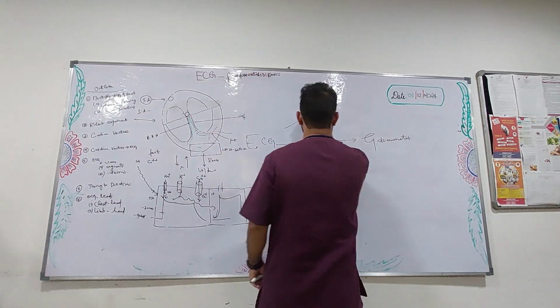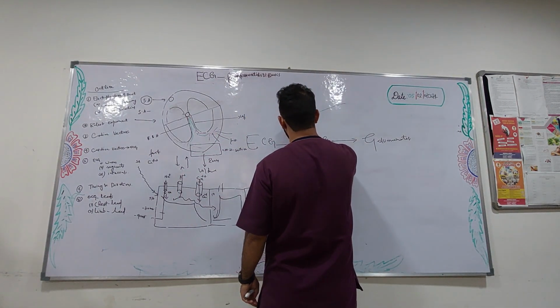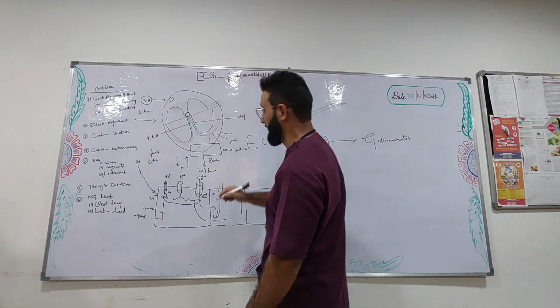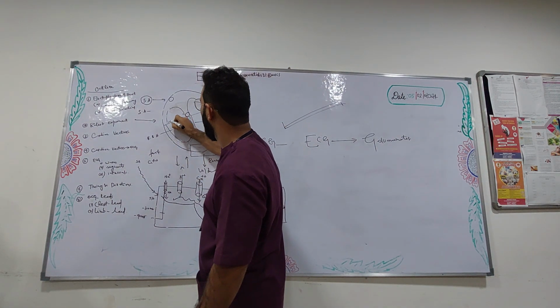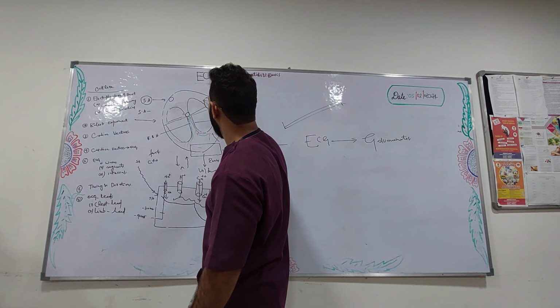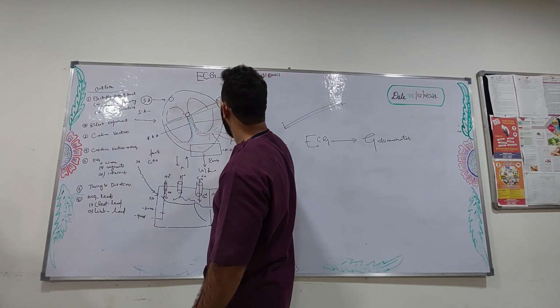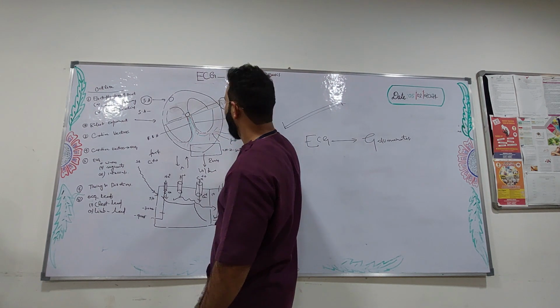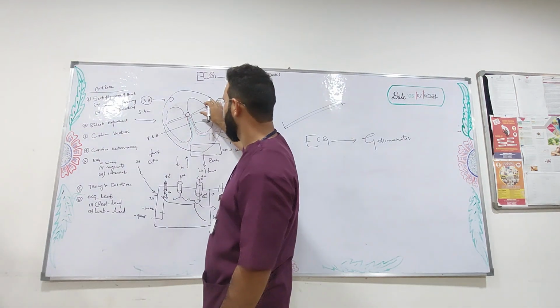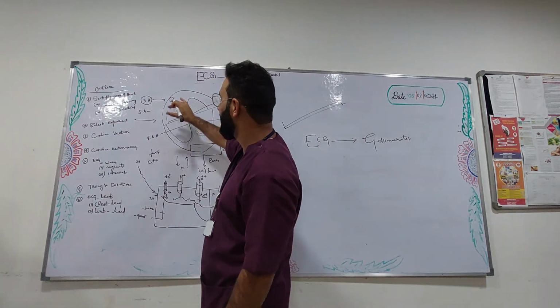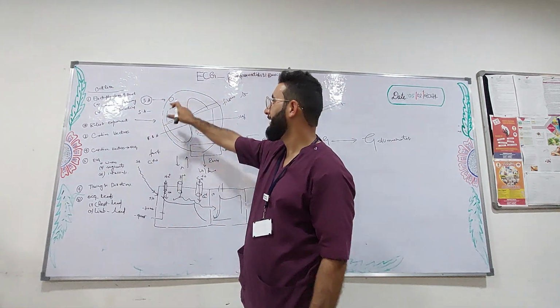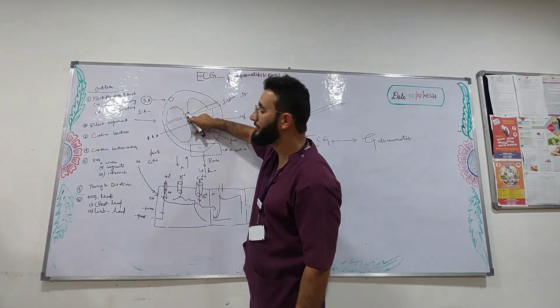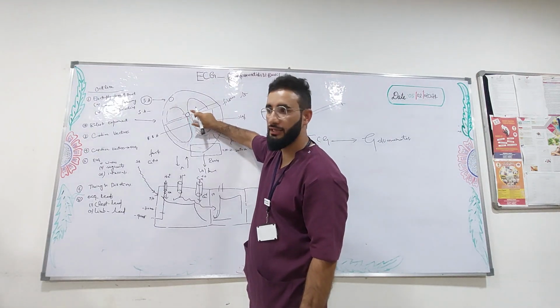Again I will draw the heart here. And remember one point, I forgot this point. This septum is called the fibrous annulus, and it acts as an insulator. The gateway for passing the electrical signals from the SA node to the ventricle is the AV node.